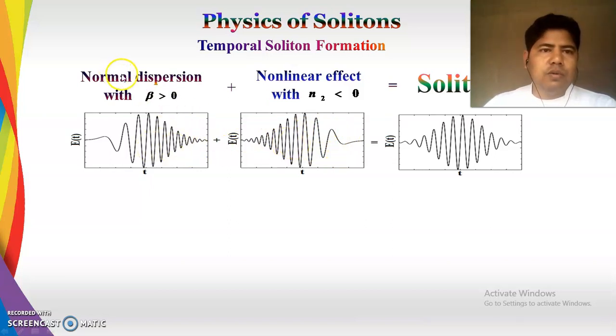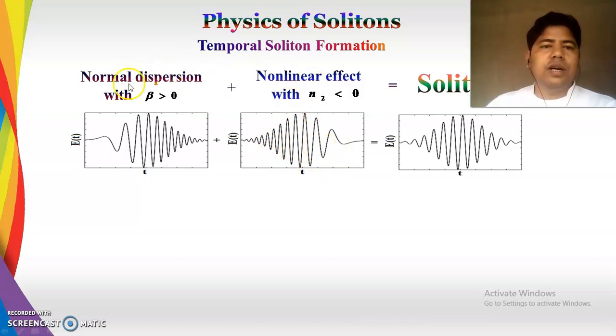So when normal dispersion occurs, with beta 2 positive, this case will occur. What will happen when these two effects merge together? Because of dispersion alone, this effect appears in the pulse, and because of nonlinearity alone, this other effect appears in the pulse.